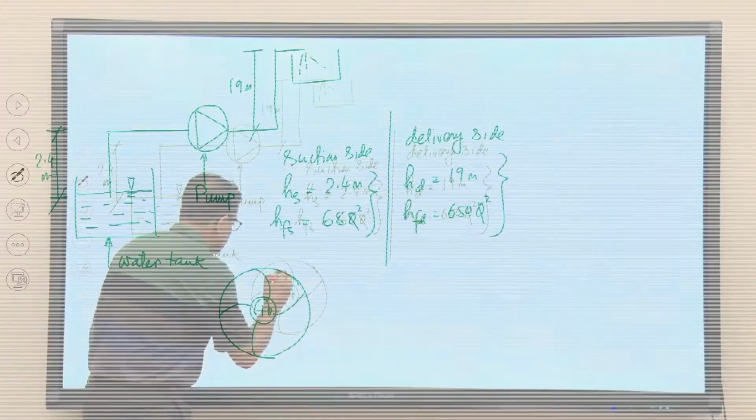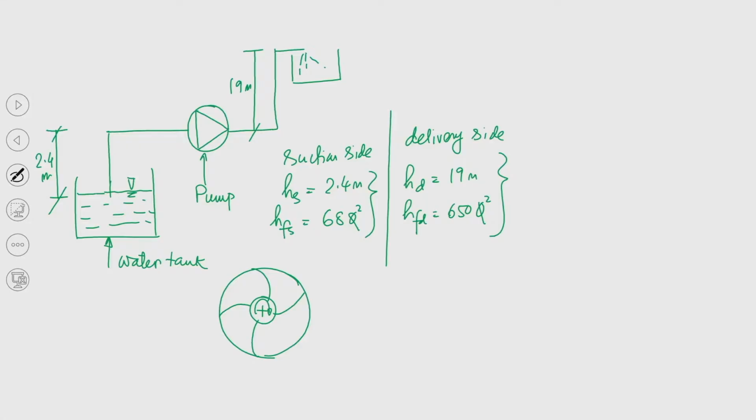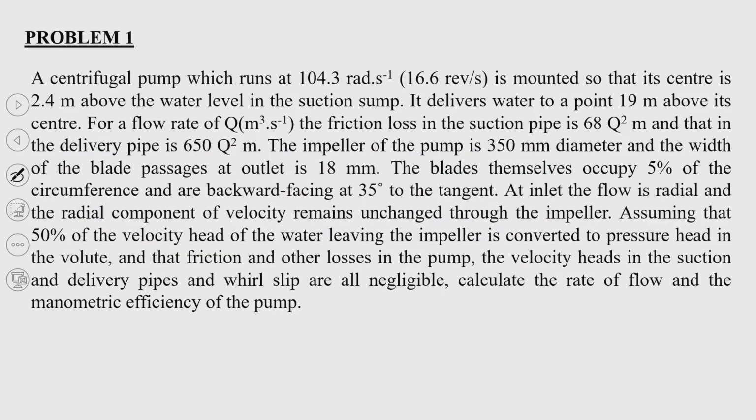So, this is basically, you can see, that is D2, right. Now, it is also given that the pump D2 equal to 350 mm and the width of the blade passage at the outlet is 18 mm.